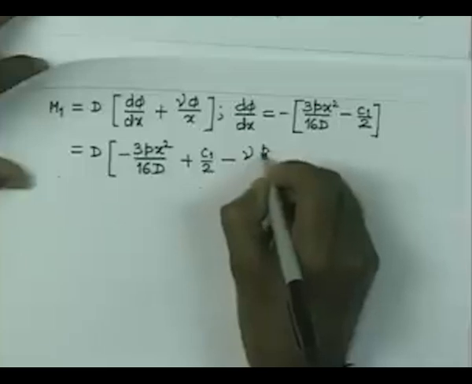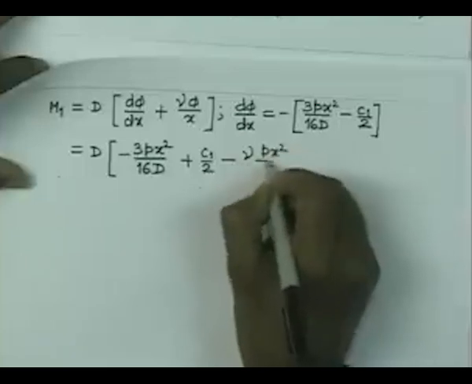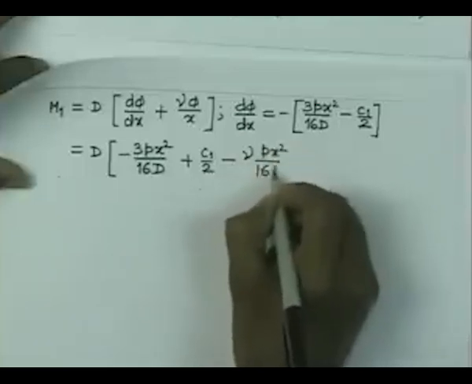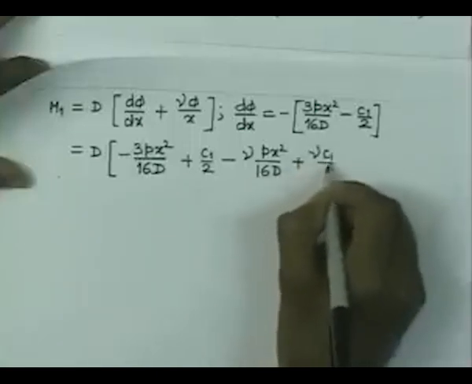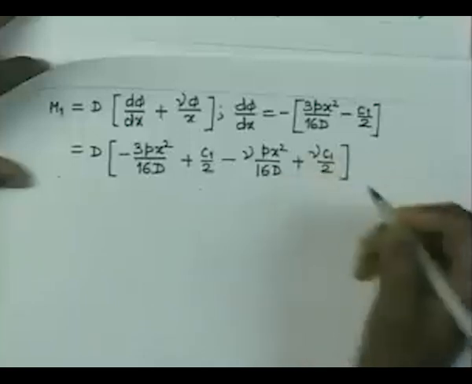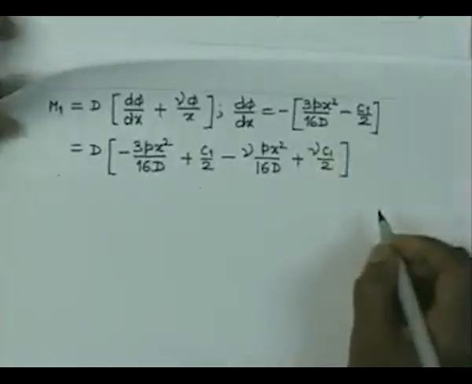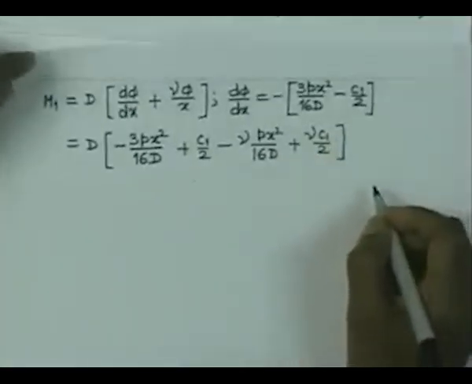Of course, we have p x square by 16D plus nu C1 by 2, that is the value for m1.